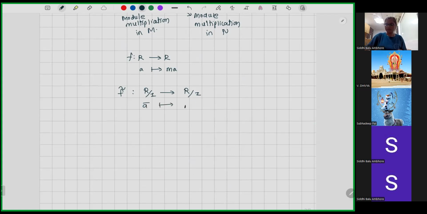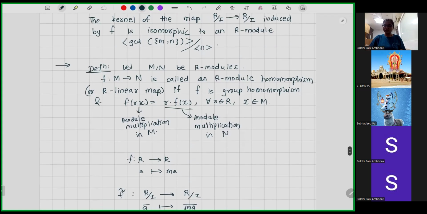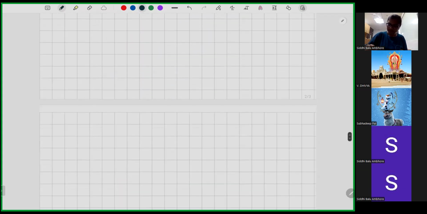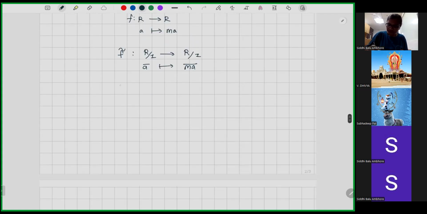Their claim is that the kernel of this map F tilde is isomorphic to GCD of M comma N quotiented by N. This is their question.